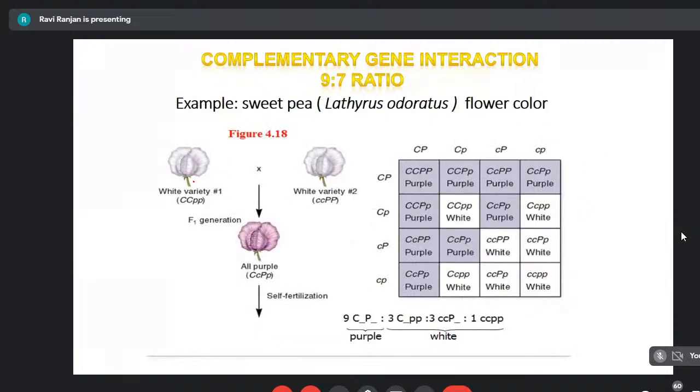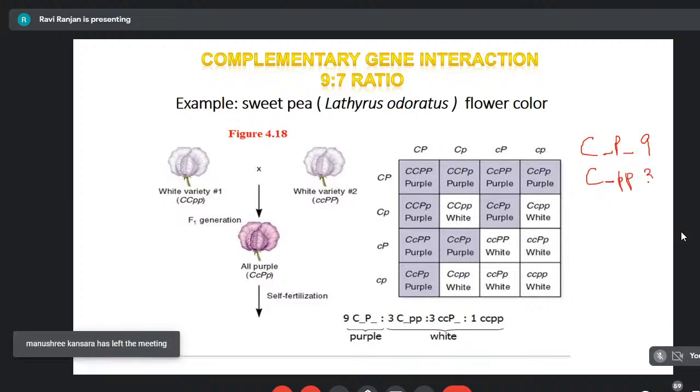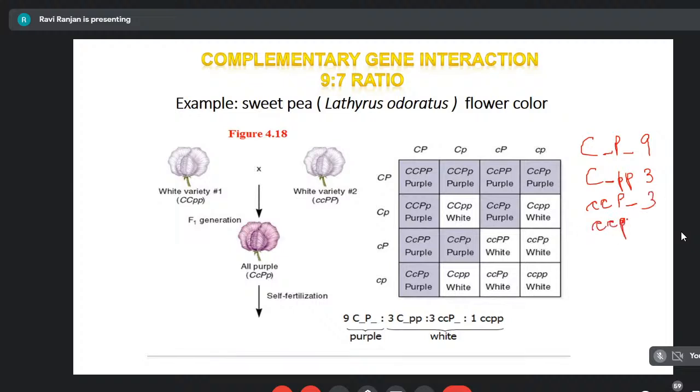According to Mendel, when you go for a dihybrid cross, you get 9 capital C capital P, 3 capital C small p, 3 capital P small c, and 1 small c small p. So 9:3:3:1.